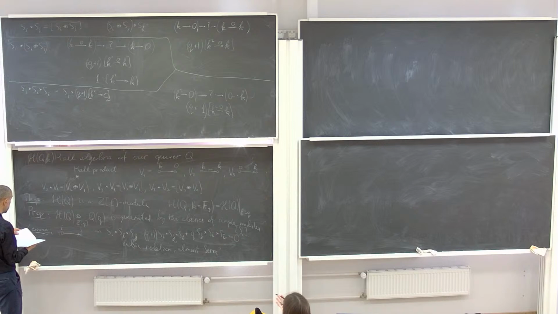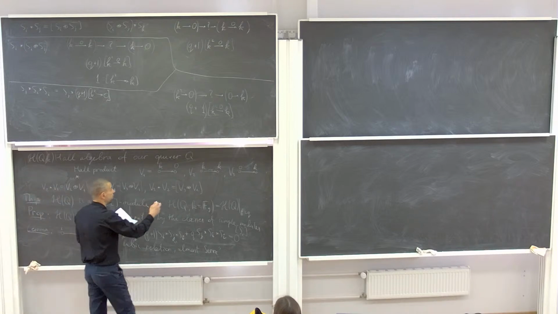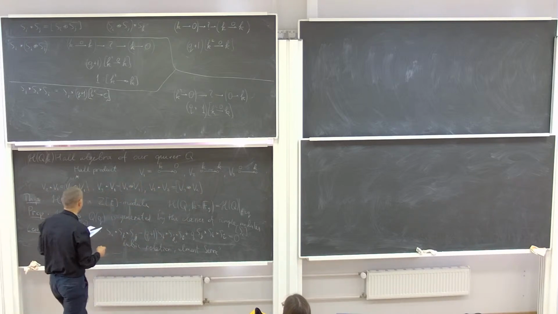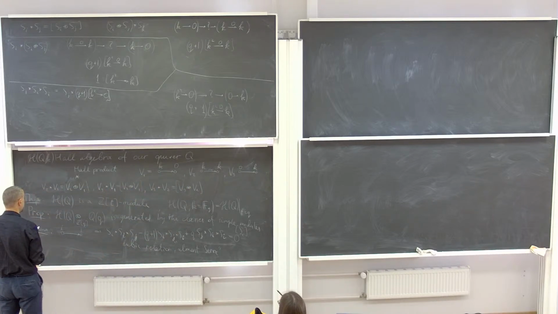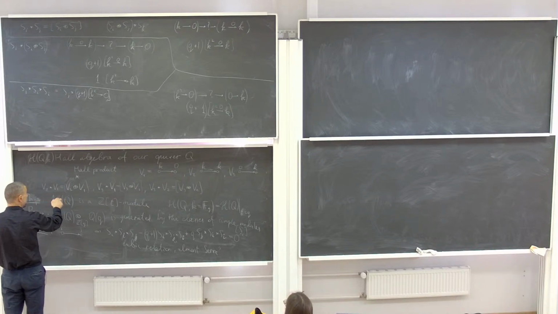Because like this, the formula is not right. So V2 is an isomorphism, yeah? So it should be V1 plus V3 plus V2. I mean the class of V1 plus V3 and plus the class of V2.